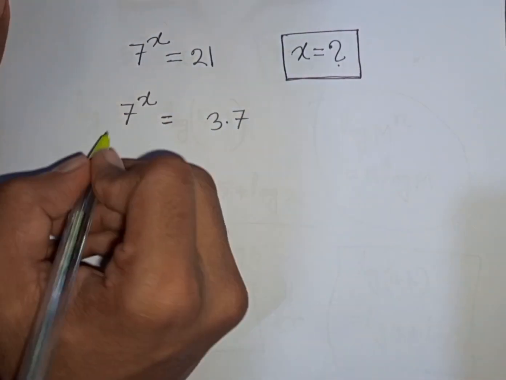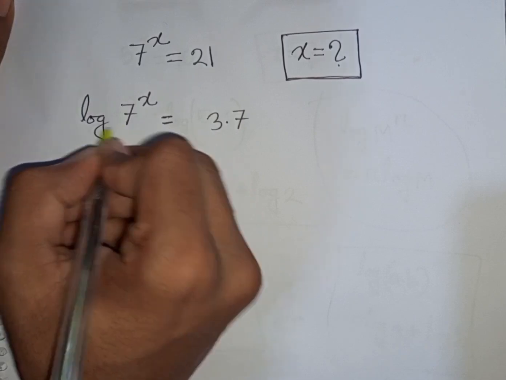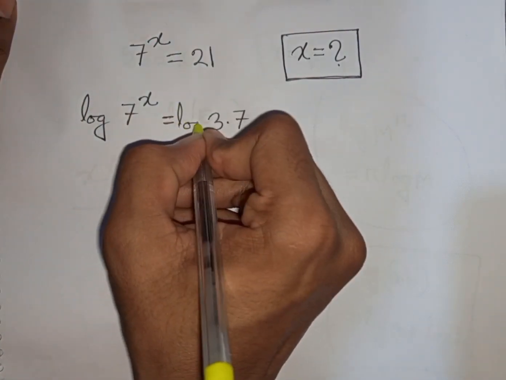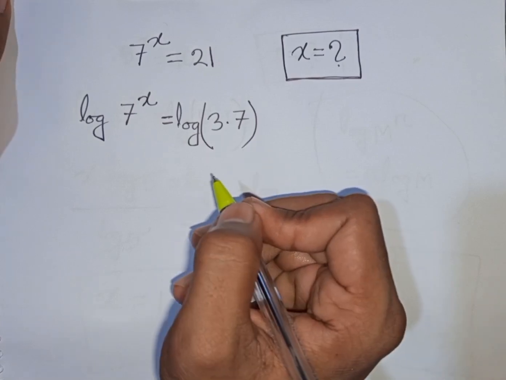Now we take log on both sides. So you can write here log of 7 power x is equal to log of 3 times 7.